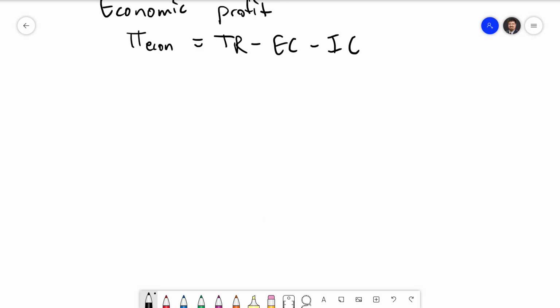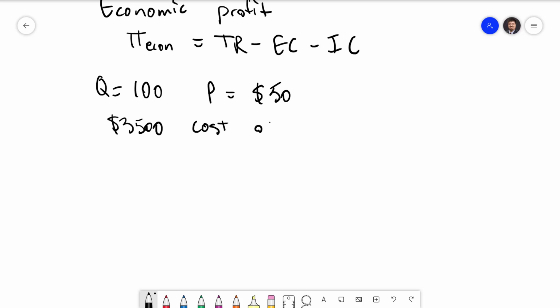Let's consider an example. Consider a small business owner who sells 100 units of output at a price of $50 each. In order to produce these 100 units of output, the firm spends $3,500 on inputs. These could be labor, capital, anything used to produce the goods.